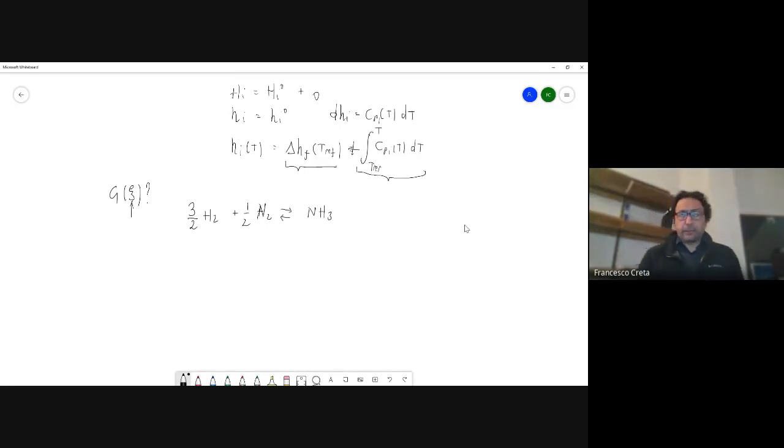I don't know if I told you, but ammonia is really now becoming a very hot topic because, first of all, you know that it's liquid at room temperature, so it's quite dense and it's easily transportable through ships, for example.